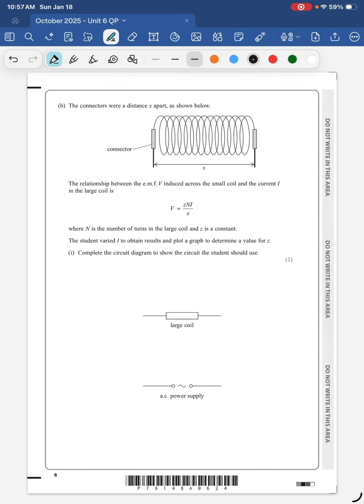Part B. The connectors were a distance x apart as shown below. The relationship between the induced voltage across the small coil and the current I in the large coil is Z n I over x, where n is the number of turns in the large coil and Z is a constant. The student varied I to obtain results and plot a graph to determine a value for Z. Complete the circuit diagram to show the circuit the student should use.